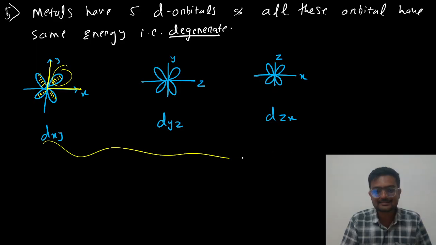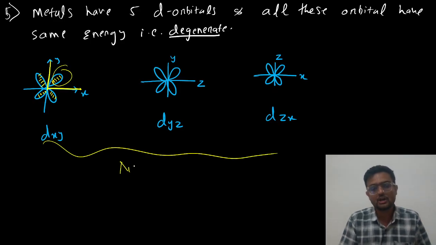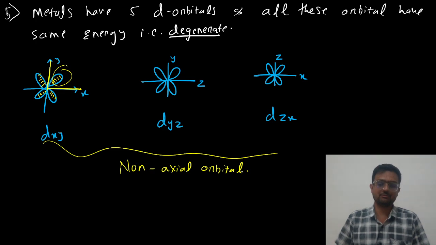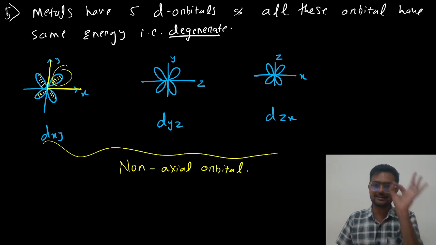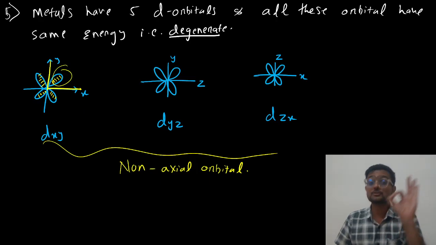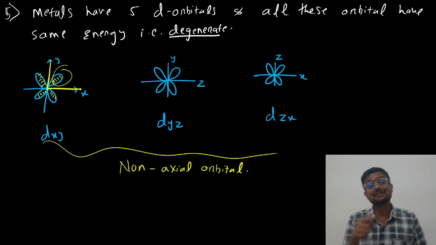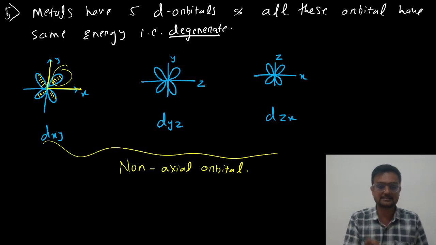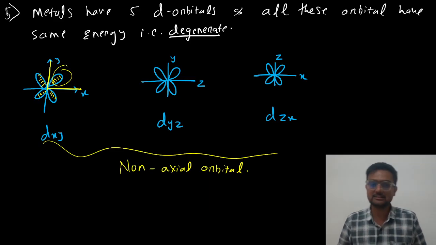That's why these three types of d orbitals are also called non-axial orbitals. Why non-axial? Because the electron density or the lobes of the d orbitals are present in between the axes.